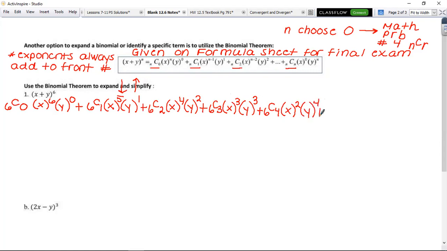Almost done. Plus 6 choose 5, x to the power of 1 and y to the power of 5. Lastly, 6 choose 6, x to the 0 and y to the 6th. And what you will notice is that last term, the exponents in comparison to the first term have flipped.